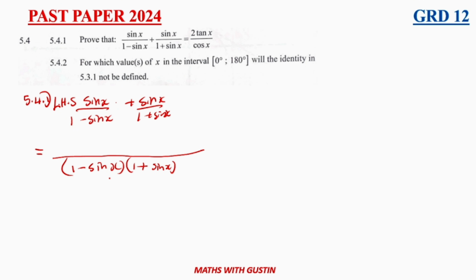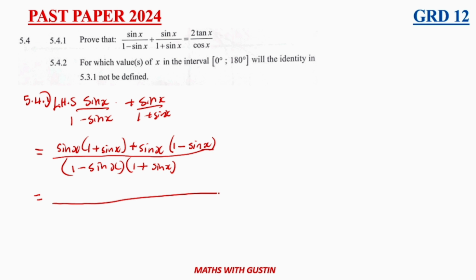So therefore, it's going to be sine x, the one at the numerator, multiplied by 1 plus sine x, all close bracket, plus sine x, close, multiplied by 1 minus sine x. Great.